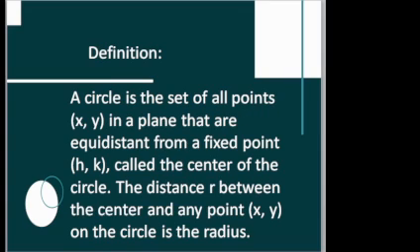Another definition: a circle is the set of all points (x, y) in a plane that are equidistant from a fixed point (h, k), called the center of the circle. The distance r between the center and any point (x, y) on the circle is the radius. So in a circle, there is a center and a radius.